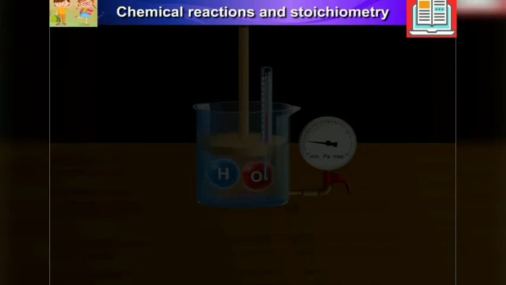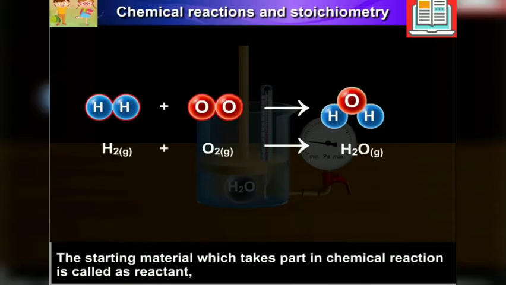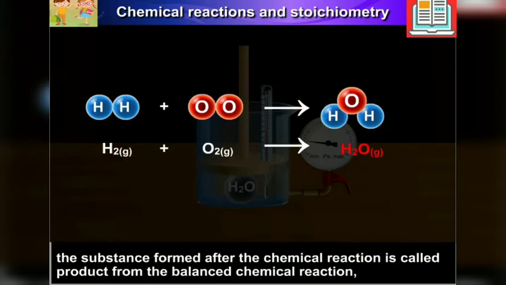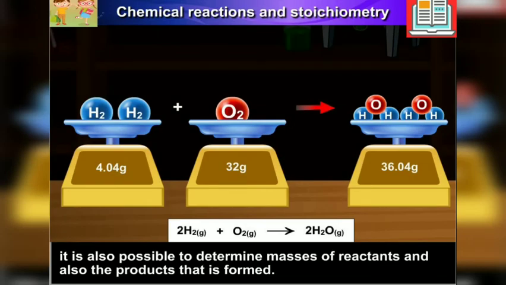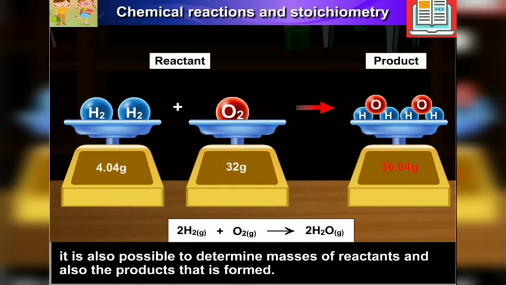Chemical reactions and stoichiometry. The starting material, which takes part in a chemical reaction, is called a reactant. The substance formed after the chemical reaction is called a product. From the balanced chemical reaction, it is also possible to determine masses of reactants and also the products that are formed.